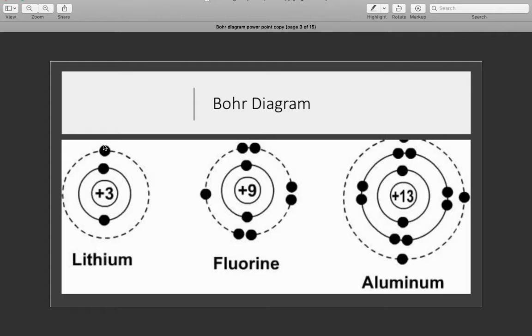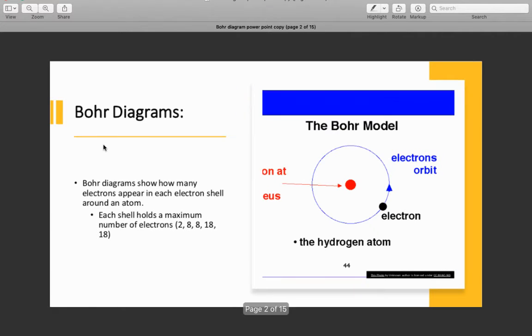And why is this different? There is a rule for drawing electrons in each shell. The rule is that each shell holds a maximum number of electrons. So each shell has a capacity for holding electrons. The innermost shell can only have two. The next shell after the innermost shell will have eight.